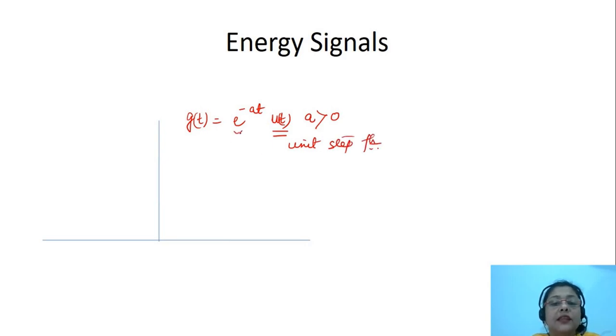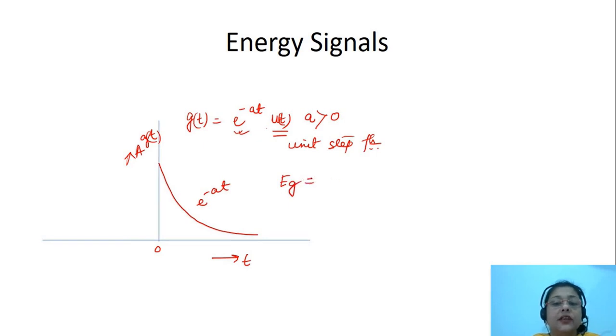Whenever we multiply any signal with u(t), the resultant will be starting from 0 value. So g(t) will start like this. Okay. So how do we find out the energy?